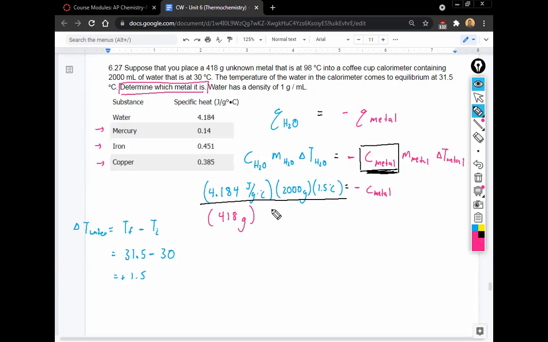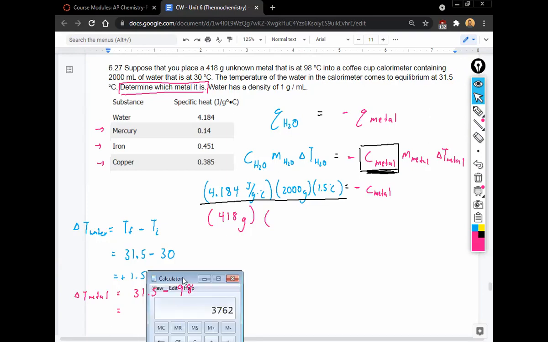The temperature change of the metal is going to be the final temperature of the metal, 31.5, minus the original temperature, which is 98 degrees Celsius. This answer is going to make sense as well because the temperature went down. If the temperature goes down, that means we have to have a negative change in temperature.